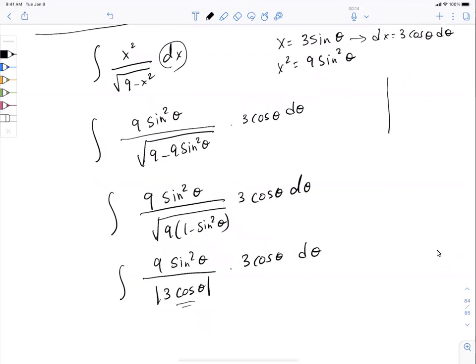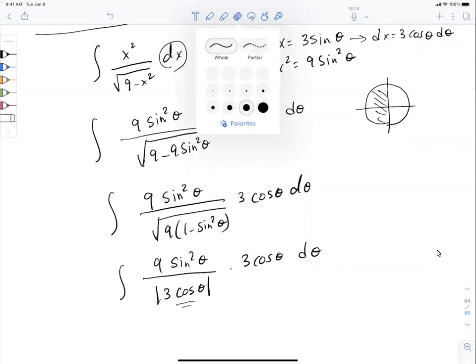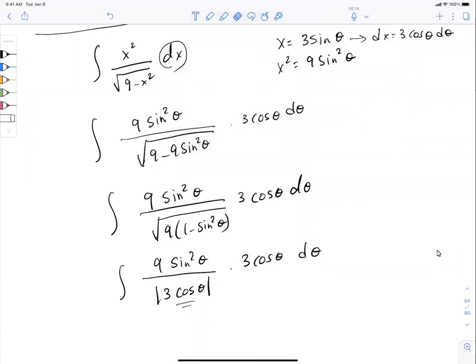If I look at my unit circle, cosine is positive for values that fall in the first or fourth quadrant. So if I want to get a positive cosine, then I should be between 0 to pi over 2 or 3 pi over 2 to 2 pi.